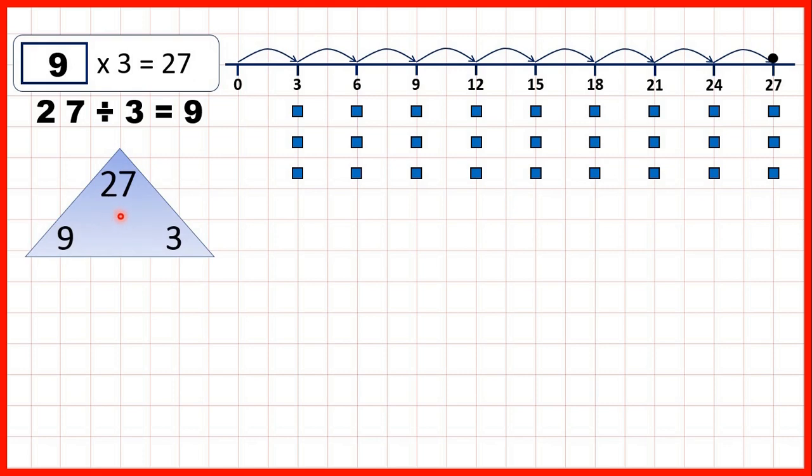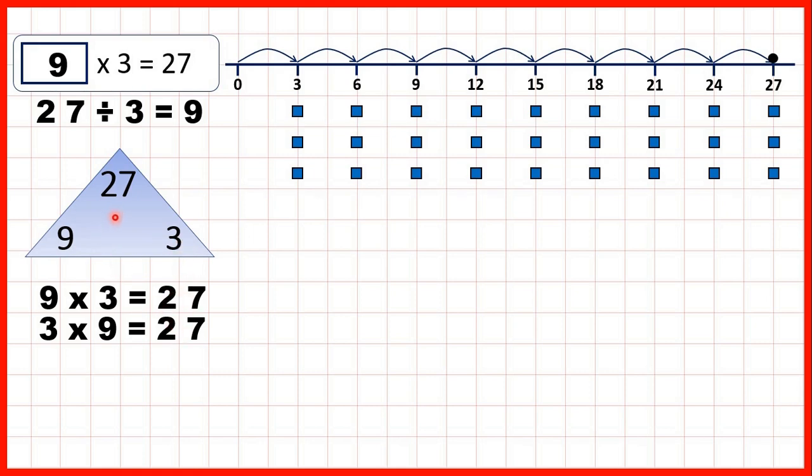Now we can make a number family triangle out of these numbers. So we have 9 and 3, the numbers that we multiply, on the bottom, and then 27, so our answer, on top. And this number family triangle can tell us 4 different calculations. It tells us that 9 times 3 is 27, and it also tells us that 3 times 9 is 27, because remember, we can multiply numbers in any order to get the same answer.